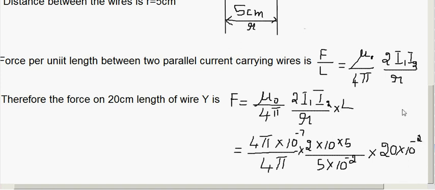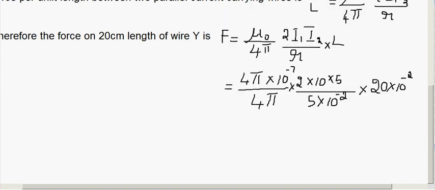Now simplify this equation. Four pi will cancel. 10 to the power minus 2 and 10 to the power minus 2 will cancel. Now do the remaining calculation. Here also 5 and 5 will get cancelled.